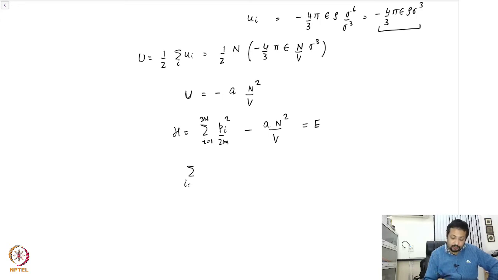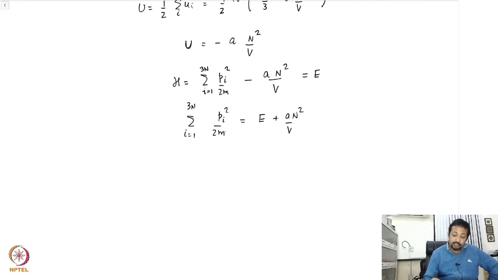So this becomes the sum from I equal to 1 to 3n of pi square over twice m equals E plus A n square over V. So this is the surface that you are considering. What is the total number of microstates? But before you calculate it, you must realize that I also have to figure out the volume accessible to these particles.